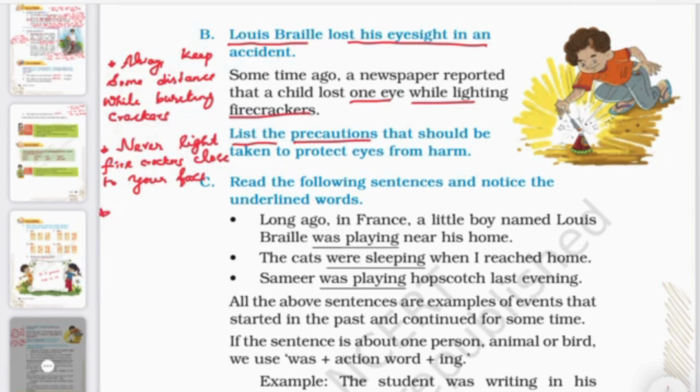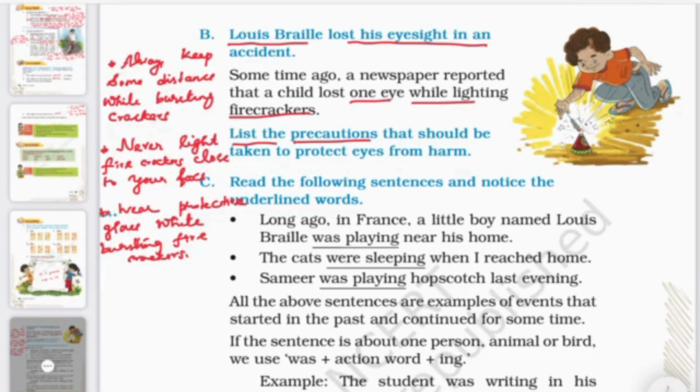Next, wear protective glass for eyes while bursting firecrackers. We want to burst crackers with the help of our parents.